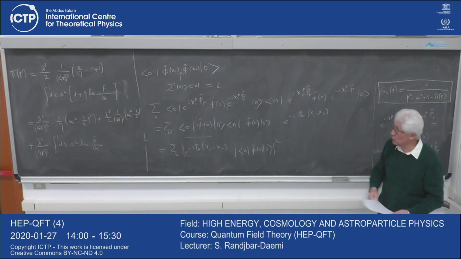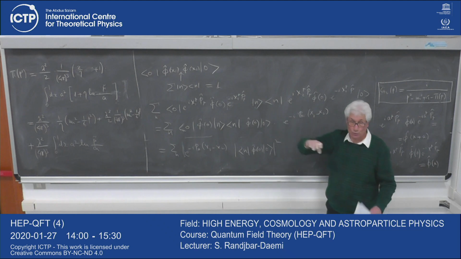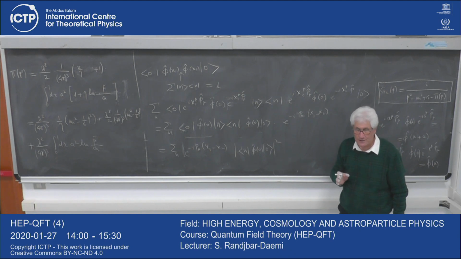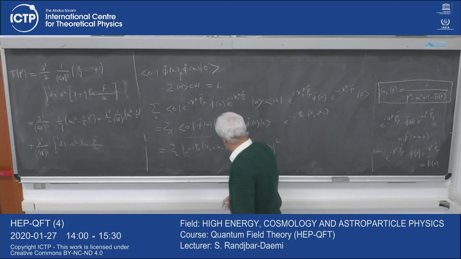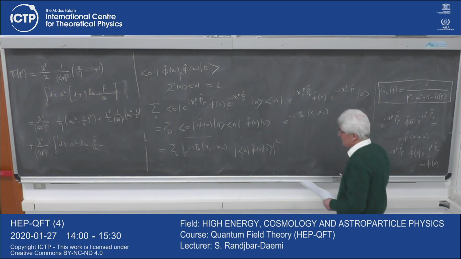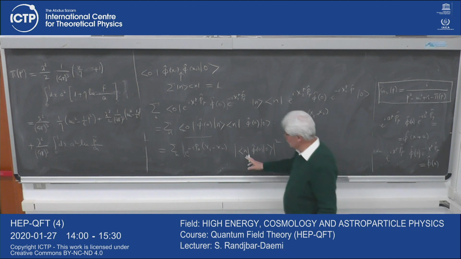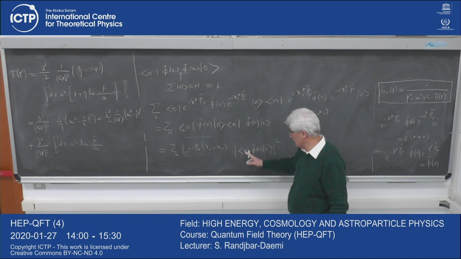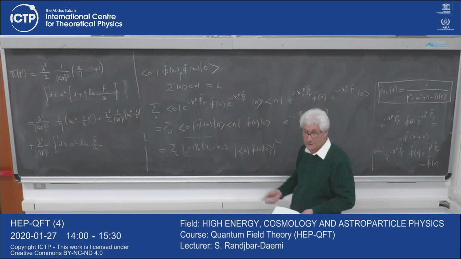We want to show that the two-point function can be written as a sum, or as a superposition, of Feynman propagators for free particle states. This is the whole idea of the spectral representation. To do that, we have to do a few things. The first thing is that this sum goes over all the physical states. In particular, it goes over the ground state, single particle state, and the multi-particle states.